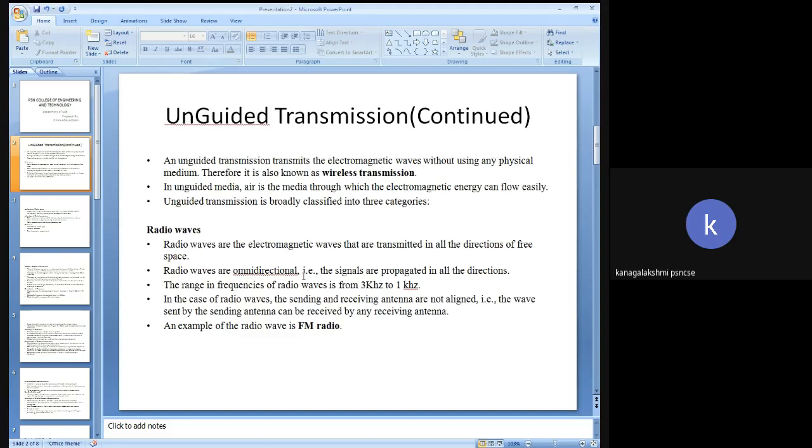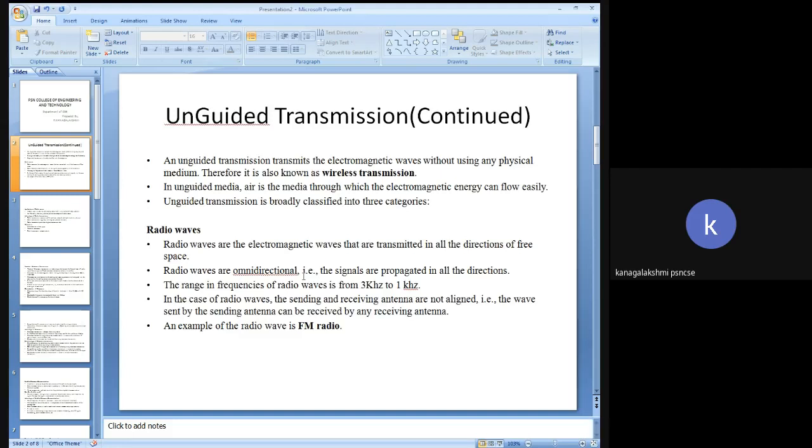In the case of radio waves, the sending antenna and receiving antenna are not arranged in an aligned manner. They are not focused on a parallel line.